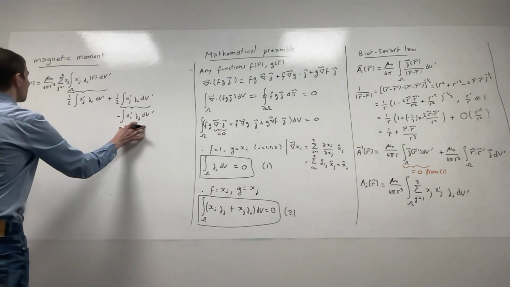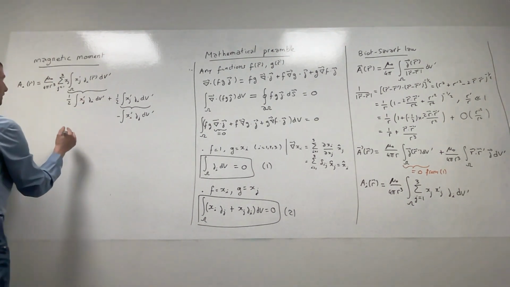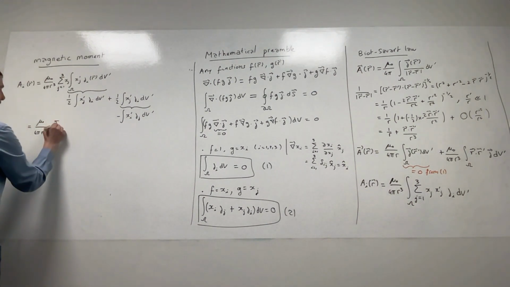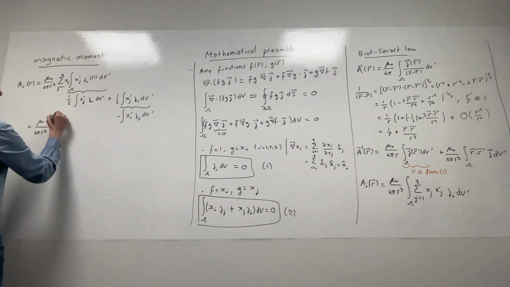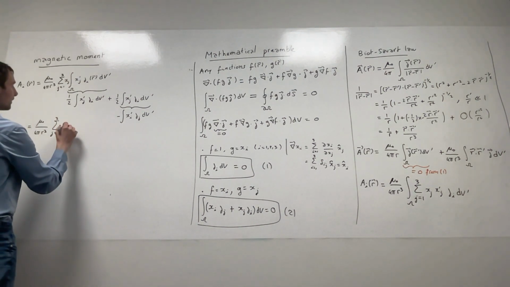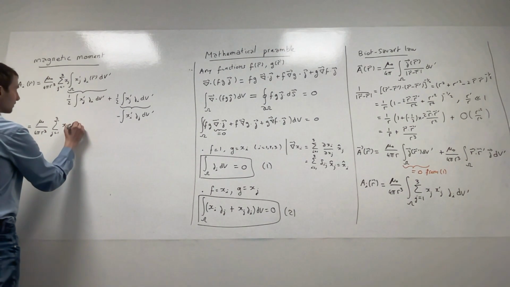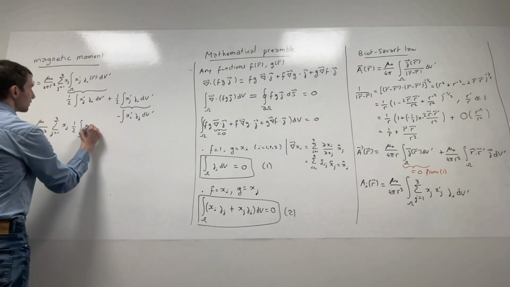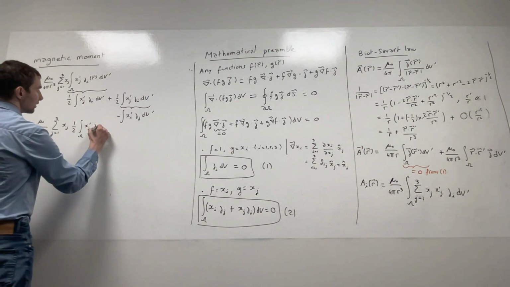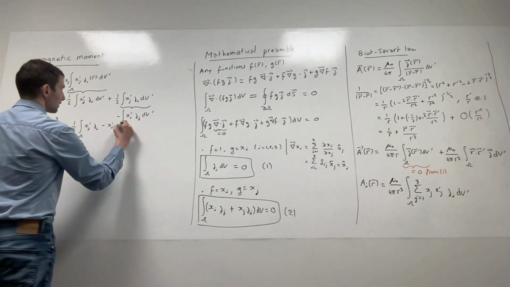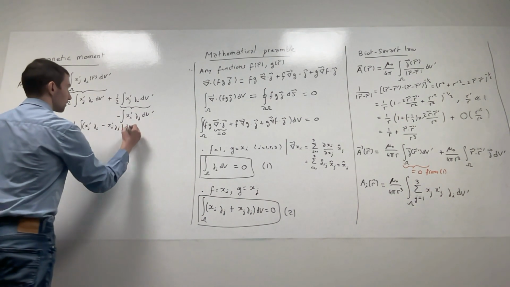Then what I do is put everything back together, and I'm going to get mu naught over 4 pi r cubed, and then the sum of j equal from 1 to 3, and then I've got x_j, and then I've got this half, the integral over omega, and I've got x_j prime j_i minus x_i prime j_j, and then dv prime.